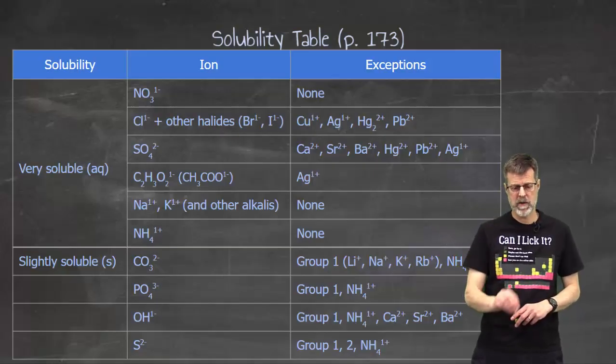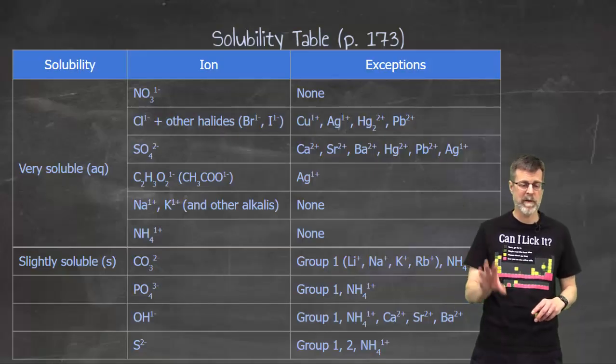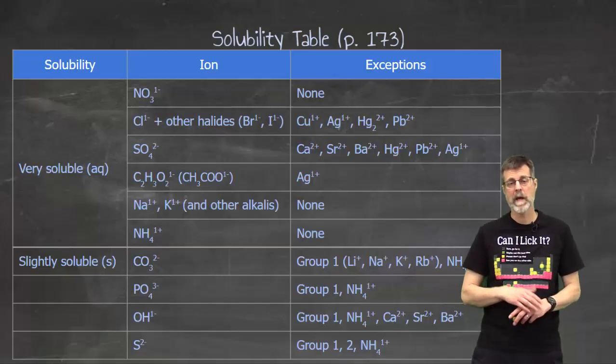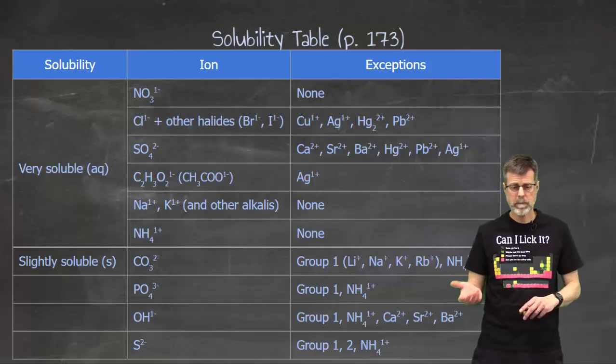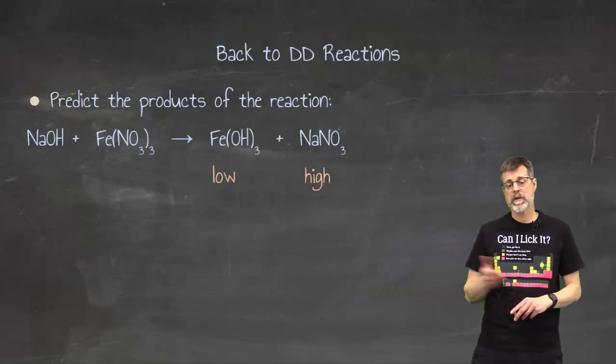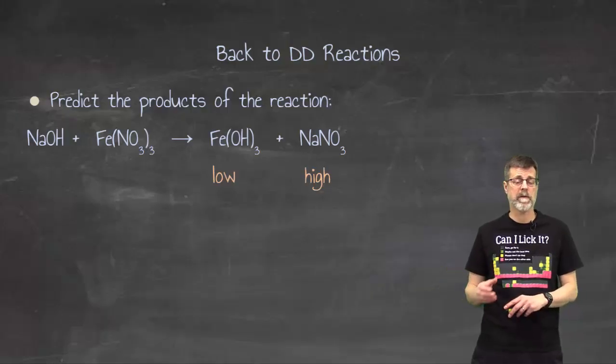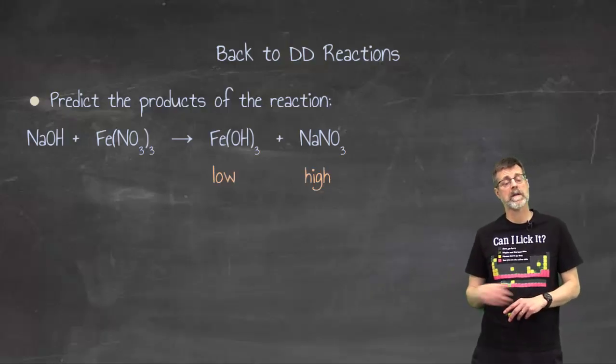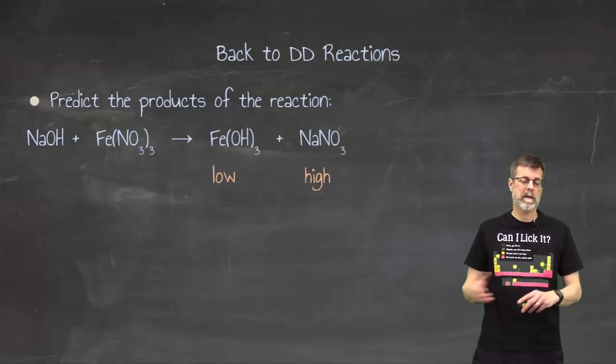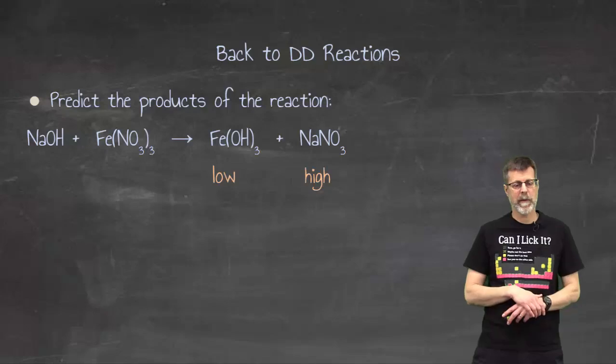So I have the OH. OH is down there near the bottom. I don't see iron listed, so it follows a slightly soluble pattern. And the sodium one, if I look for it, it's going to follow the pattern. So in other words, sodium Na with NO3 is going to follow the high solubility pattern, and the OH will follow the OH low solubility pattern.